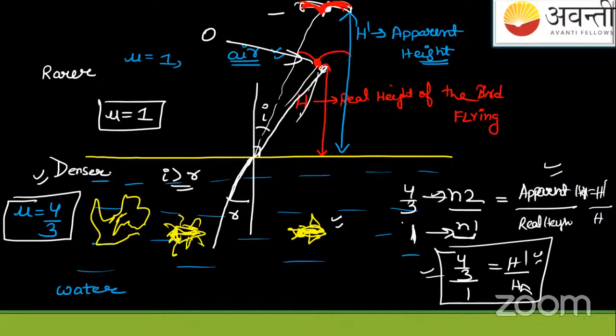But remember, heights or depths are measured by considering this straight line, that is the reference or boundary line which is separating two mediums, say water or denser medium, with reference to this.